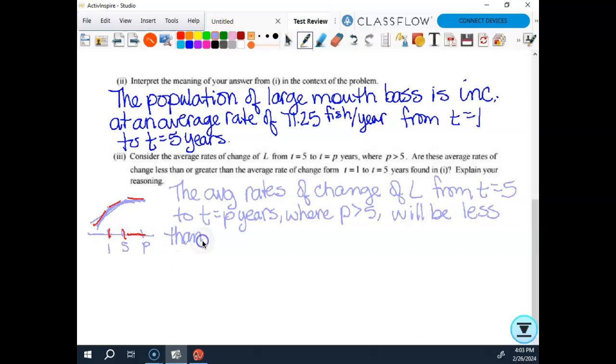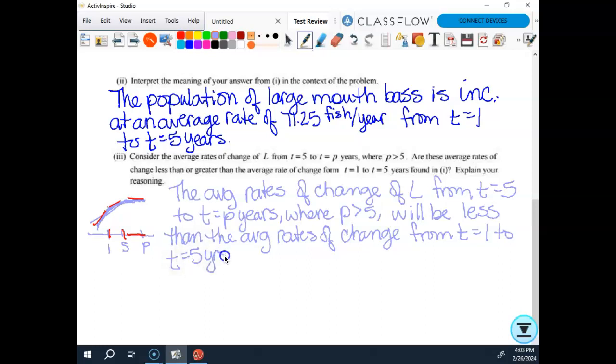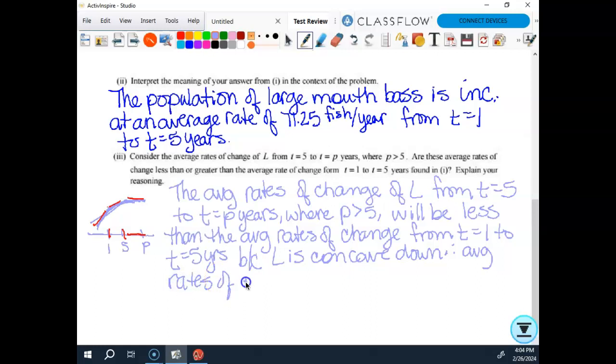than the average rates of change from t equals 1 to t equals 5 years because L is concave down, therefore average rates of change are decreasing.